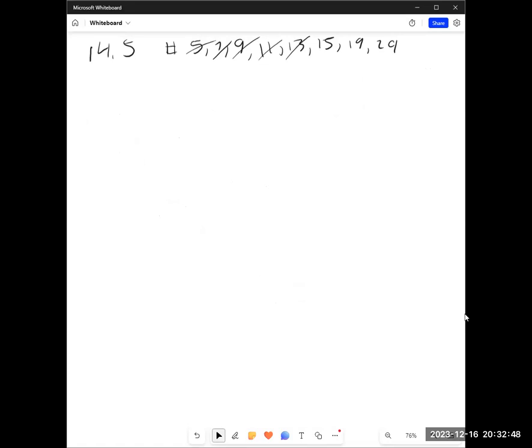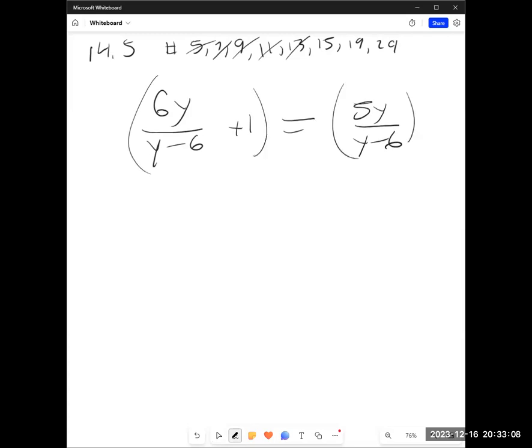Let's get this one going. 6y over y minus 6 plus 1 equals 5y over y minus 6. Could just multiply everything here on both sides by y minus 6, but when we do that, we need to make sure that we note that y is not allowed to be equal to 6.